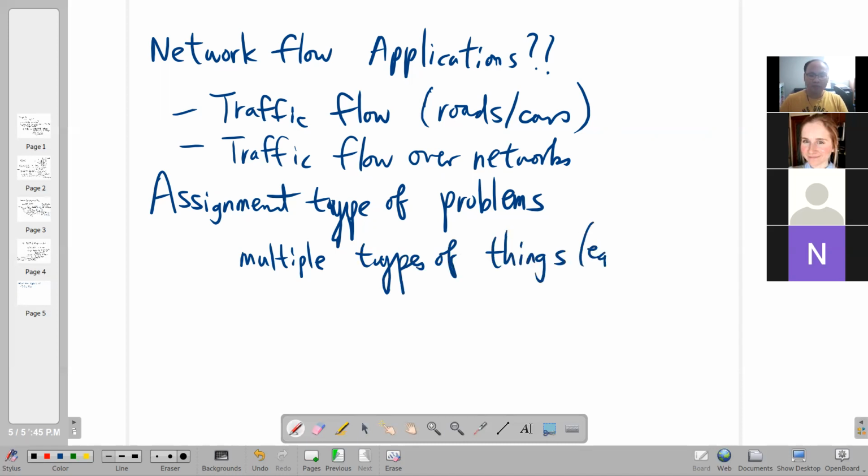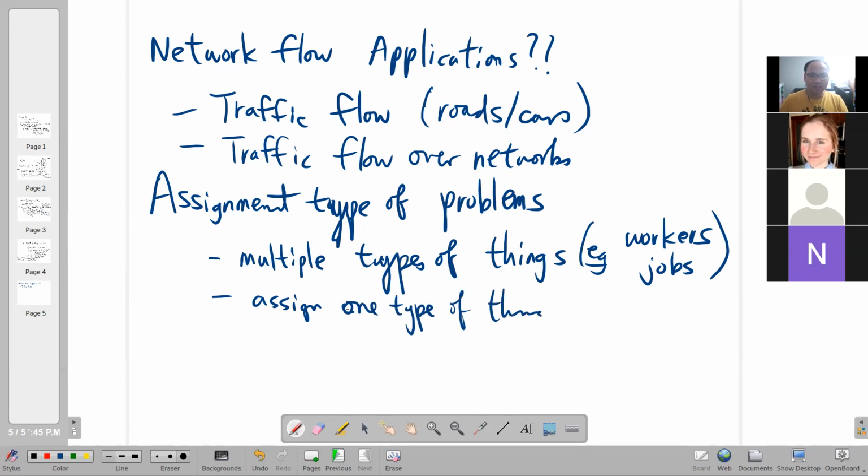For example, it could be workers as one type, and then jobs. And then you need to assign certain things of one type to another, with some constraints. So what do I mean by that?